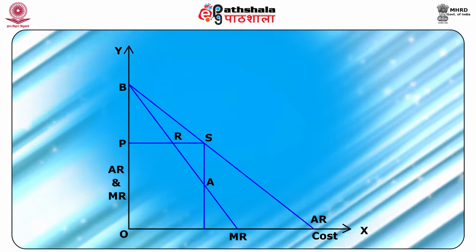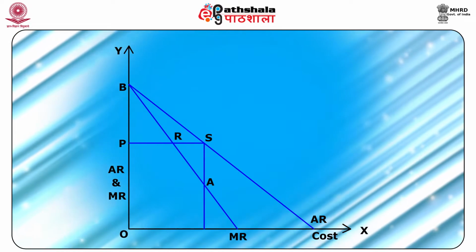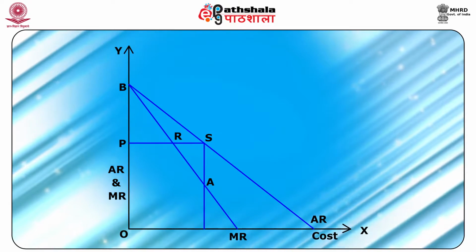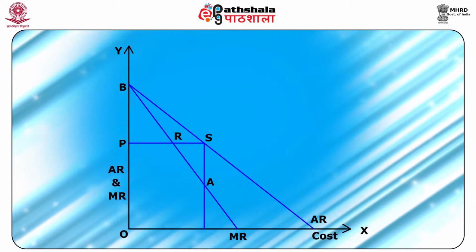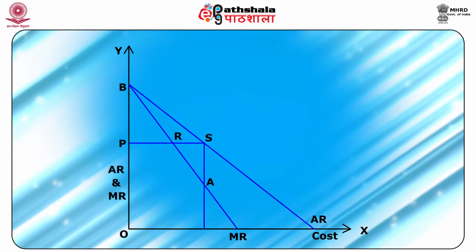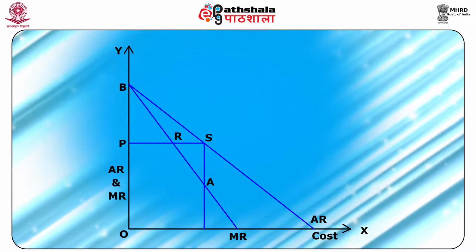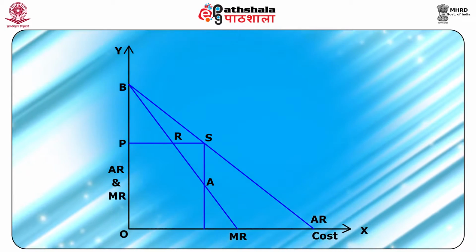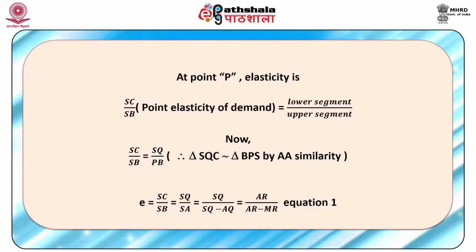At point S, if we drop a perpendicular, it goes on to the x-axis, and we have a point A at which this perpendicular intersects the MR. This shows the height of the marginal revenue at point S, which corresponds to the price level OP.